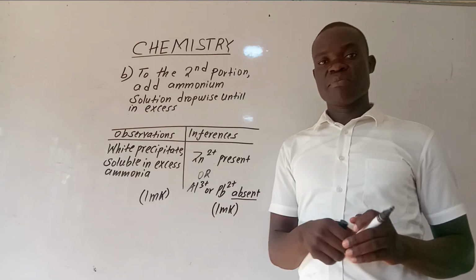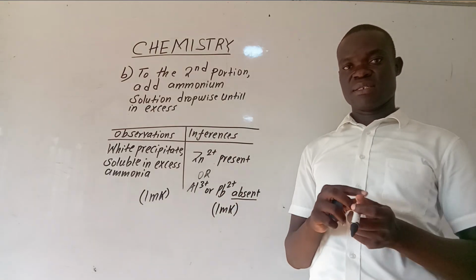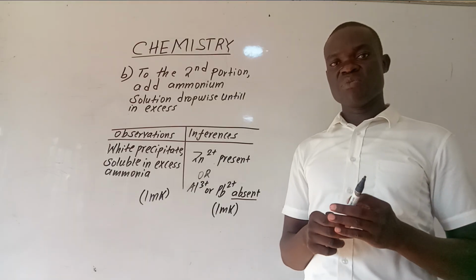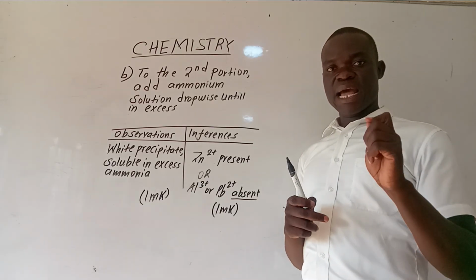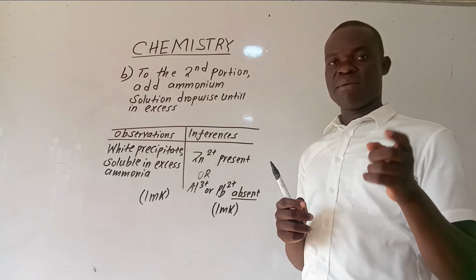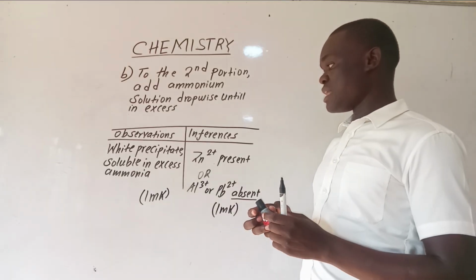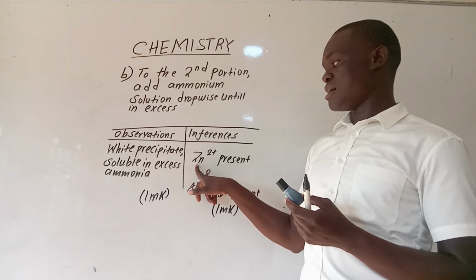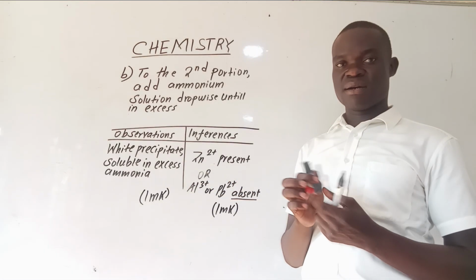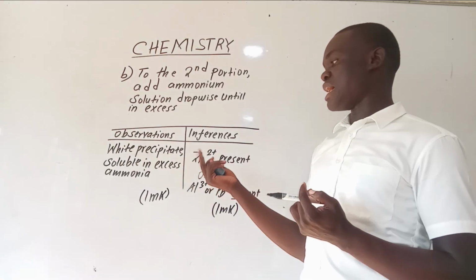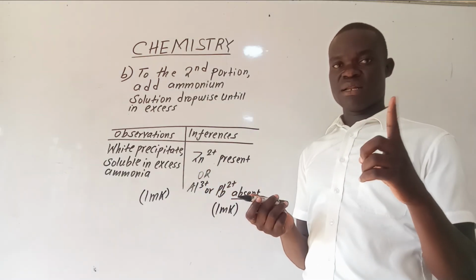In tests for these ions and even organic compounds, in most cases every ion written is half a mark. That means if we choose this answer, we can get half a mark for just stating an answer with only 1 ion.